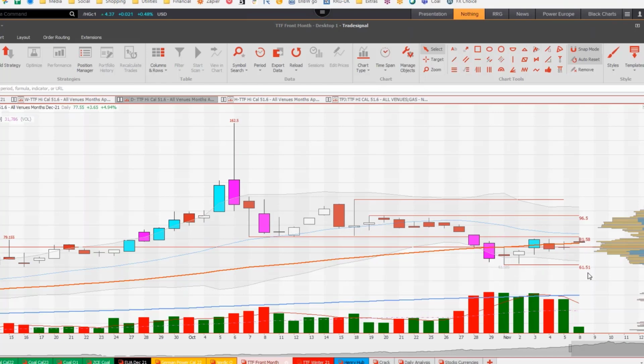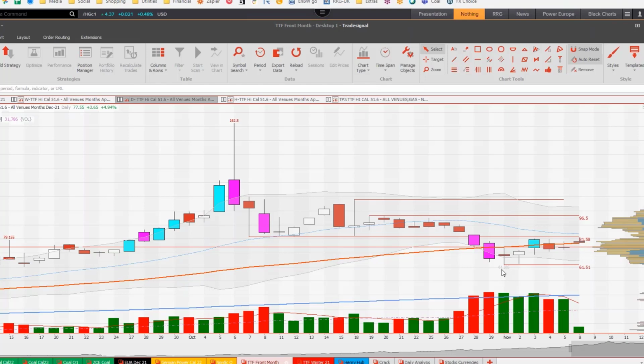So what have we got? We are moving towards resistance at 81.58, 96.50, and this one here at 109 something. We've got a volume profile here at 90, and we're building this volume profile as we're churning on fair volume around this level.